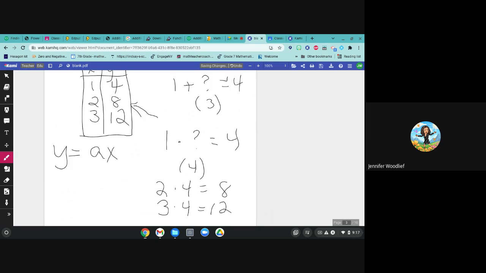Now, a is the coefficient that's going to be changing, and we said a was 4. So we're just going to put y equals 4x. Did everybody see the difference between the adding and the multiplying? The steps are the same, though. Yeah. Okay. Let's do a couple more little tables.